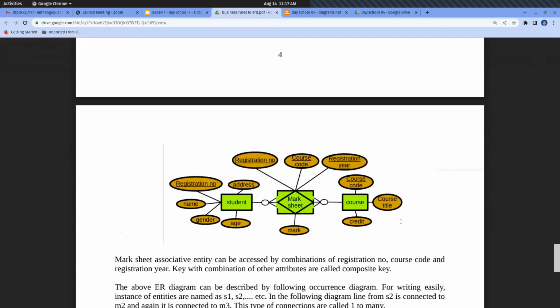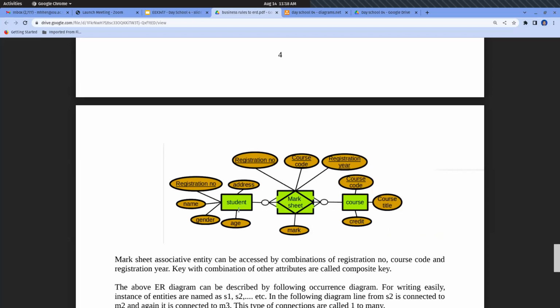In the mark sheet, you have to link the student registration number, course code, registration year and the mark. One course has many mark sheets, many marks, and one student has many marks.